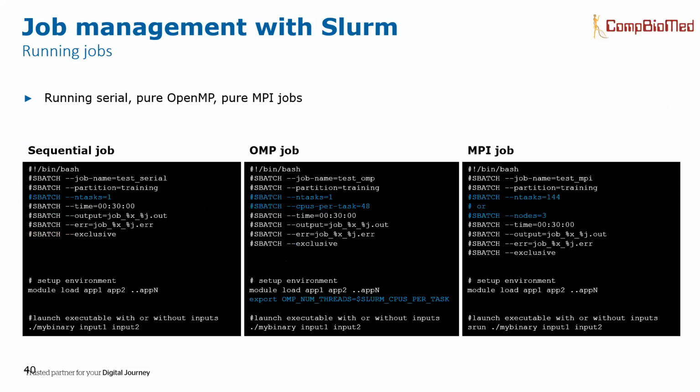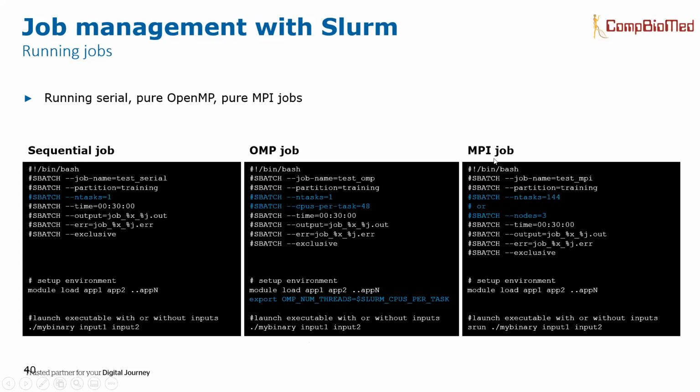It is either a shared memory implementation using OpenMP, or a distributed memory approach. In a shared memory approach, you only need one task, and you specify the number of threads using a certain number of CPUs per task. This is how you implement your script to launch your job.